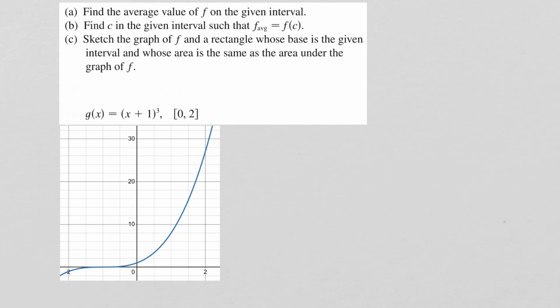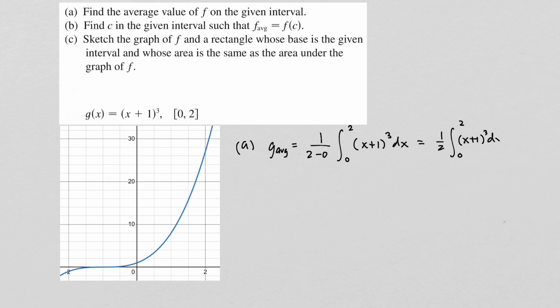So this will be part A. We know that the average value, which will actually be called g average for this one, is going to be 1 divided by 2 minus 0, integral from 0 to 2, (x plus 1) to the third power dx. This is 1/2 integral 0 to 2, (x plus 1) to the third times dx. Now again, the 2 and the 0 here are just coming from the a and the b on the interval.